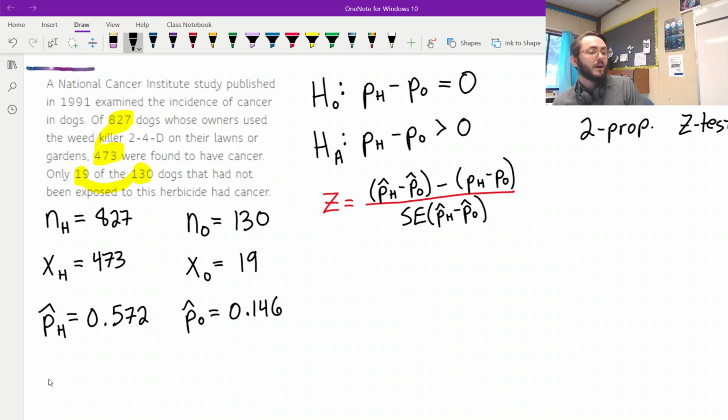And so to calculate the standard error, I guess in a way, we just use the Pythagorean theorem. So the standard error of their difference.